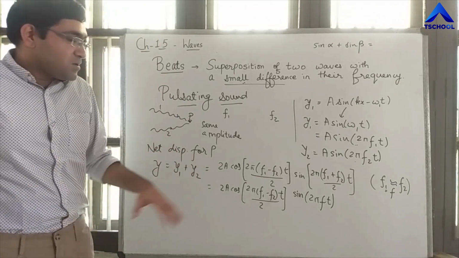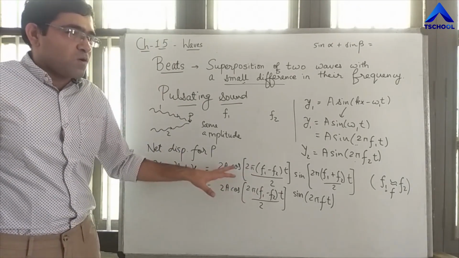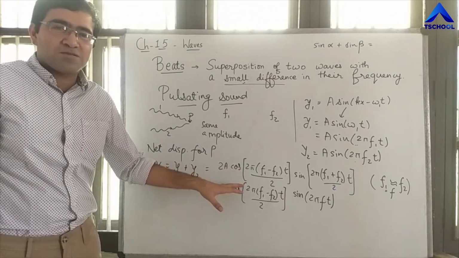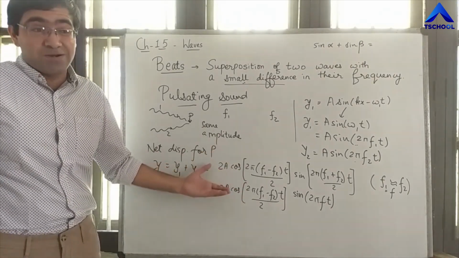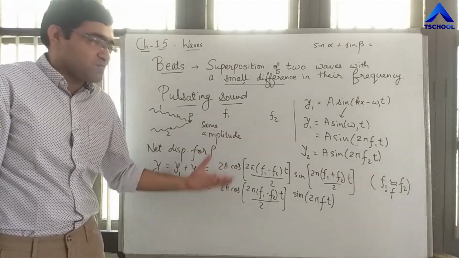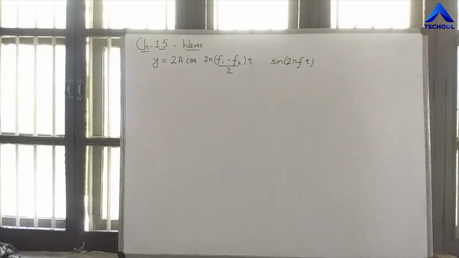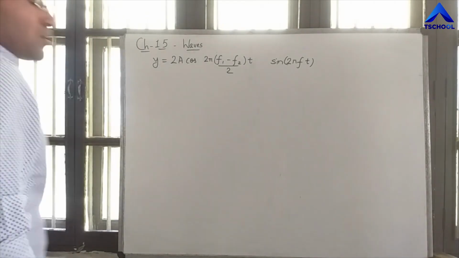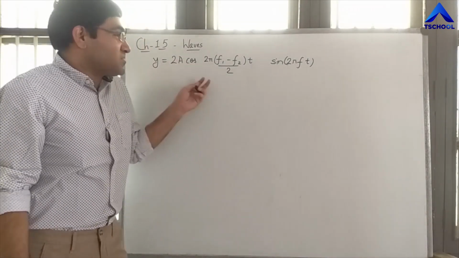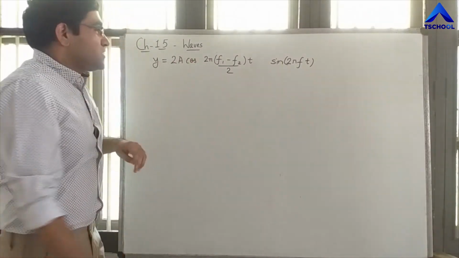Now I'm going to explain what this translates to for us in hearing. When we hear some sound which has this kind of equation, what are we actually going to hear? So what do we expect to hear with this kind of mathematical equation?